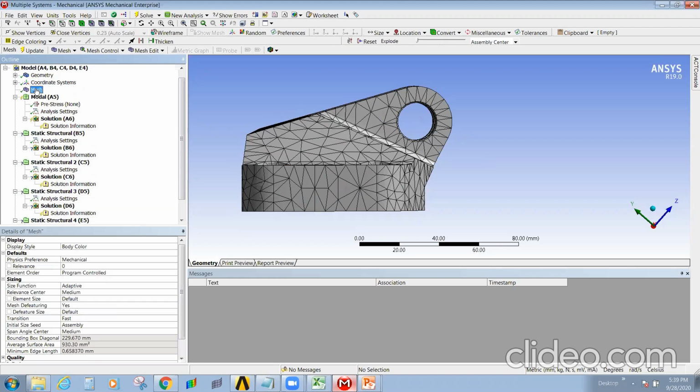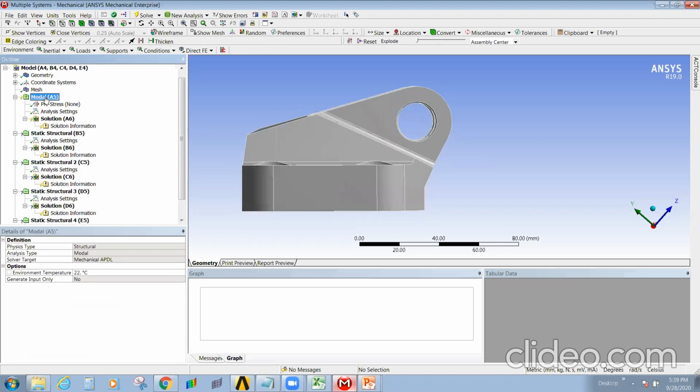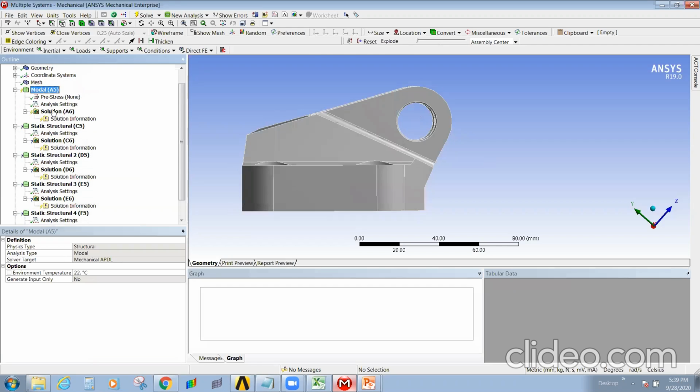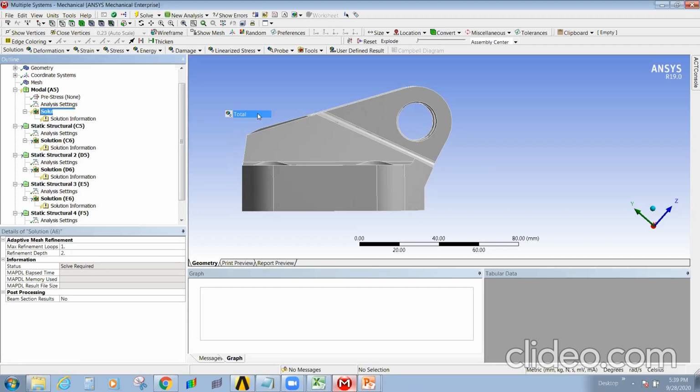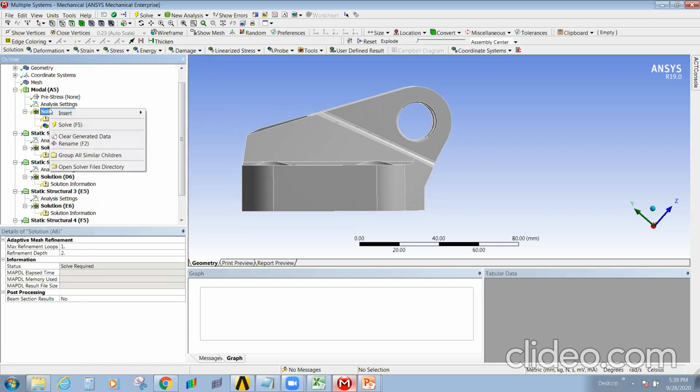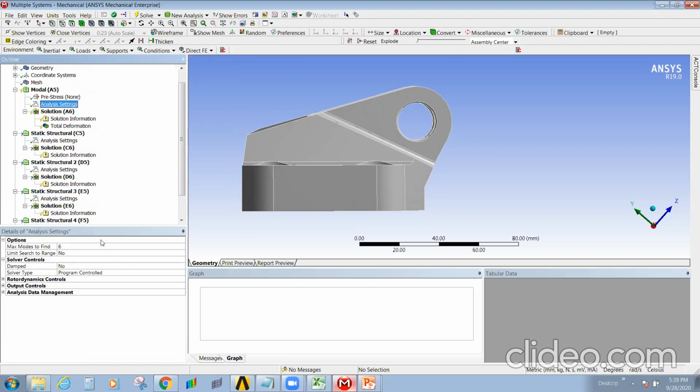So then your mesh has been updated. Now for the model, if you run it, or I'll make one more duplicate of this, so it will be at the last. If you run it directly, I'll just take a deformation and run directly, or in settings I'll increase by another 2.